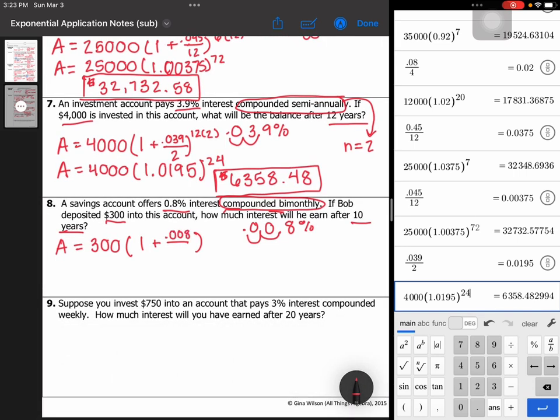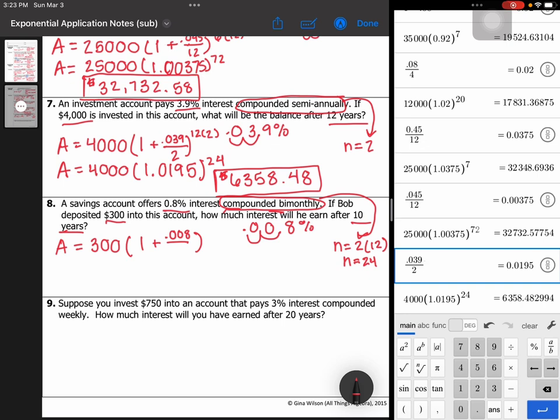And if something's compounded bi-monthly, that means it's going to happen twice a month. So 2 times 12 months in the year means that it's going to be compounded 24 times. So over 24, and then we have 24 times 10 years is our time.